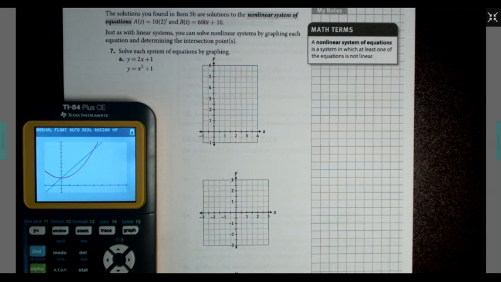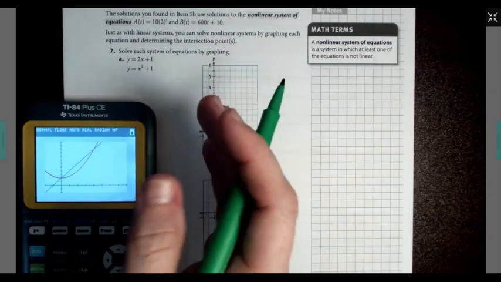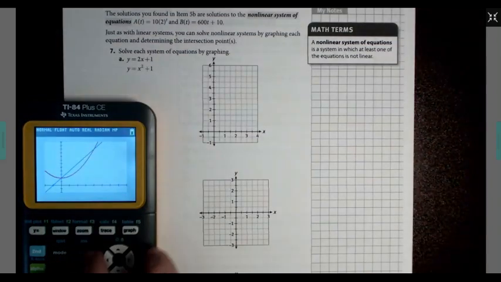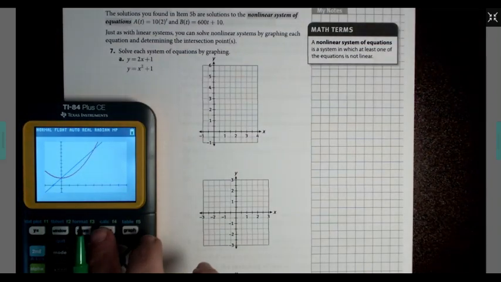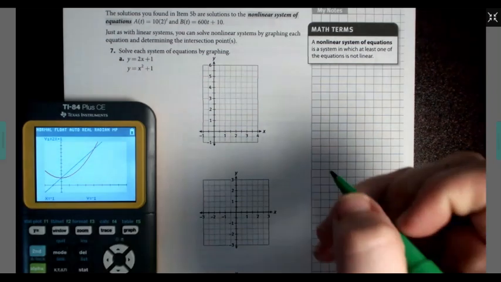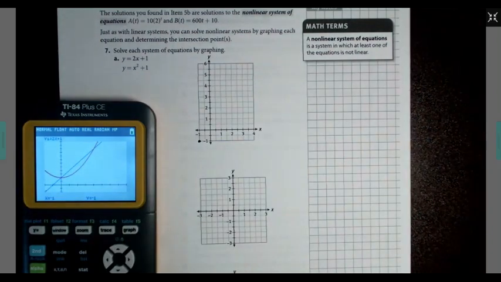Okay, so we want to pull these over, and I'm going to graph a couple of points. I know that first one is a linear function. So we will trace. We're going to start at -1, and I'm looking at y1 right now. At -1, it is at -1. Let's talk about 0.